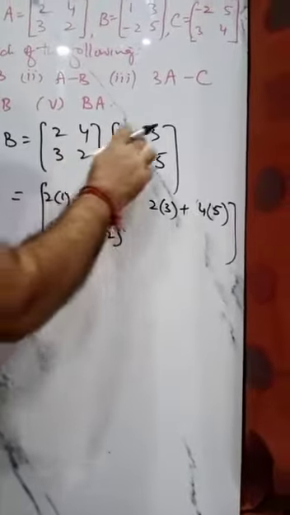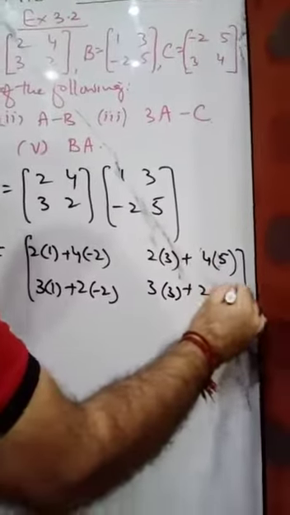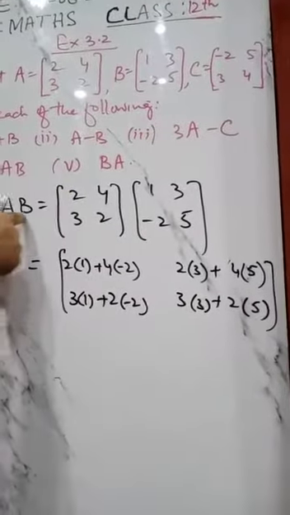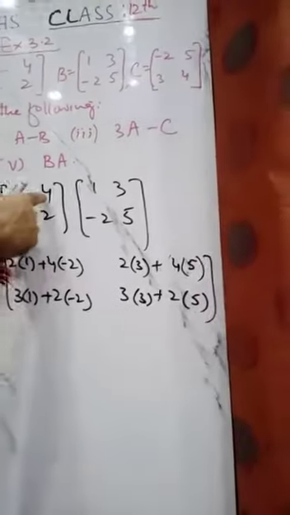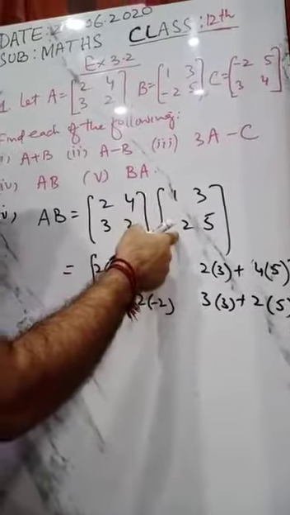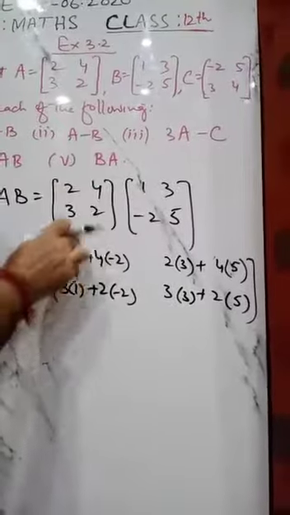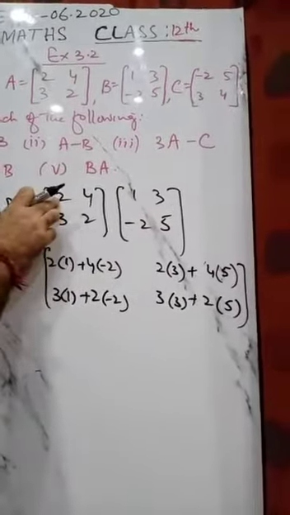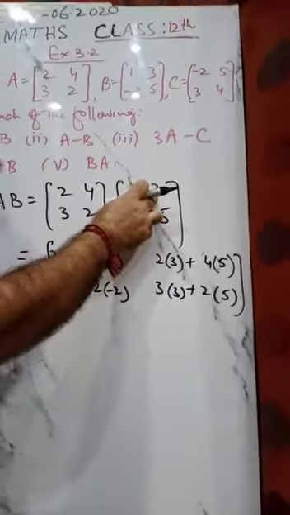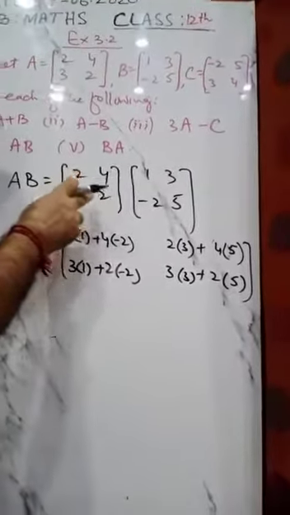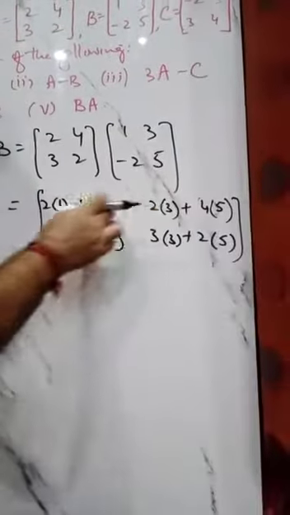And here again 3 into 3 plus 2 into 5. I repeat, when you multiply one matrix with the other, you multiply the first row with the first column, then the first row with the second column. Here just like 2 into 1 and 4 into minus 2, A11 into B11, then A12 into B12. Then similarly you have to do like this, 2, 3, 4, 5. This will be your upper row.